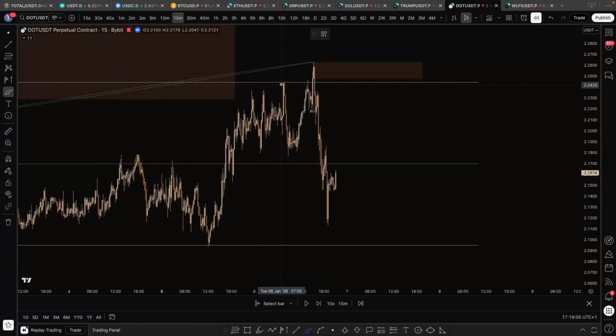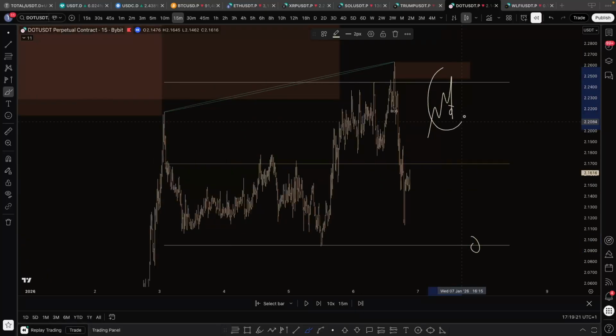So this will be deviating the tap 2, above the tap 2, leaving an inefficiency. So if price comes into it, you will short it and target a range low. That would be a retest POI.